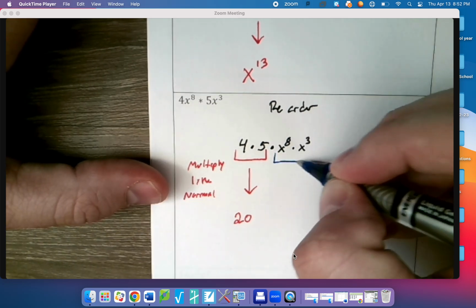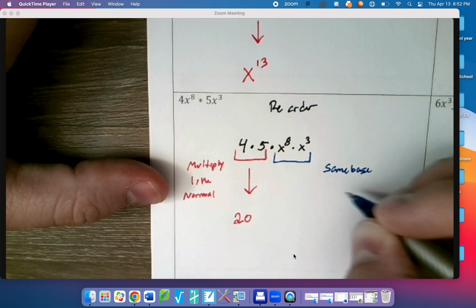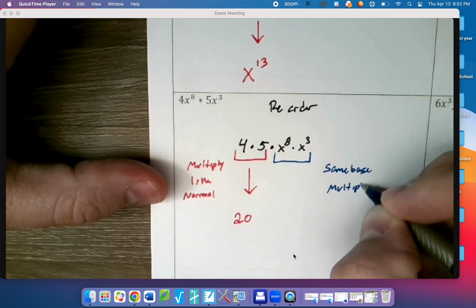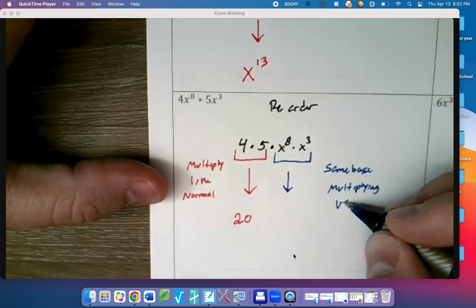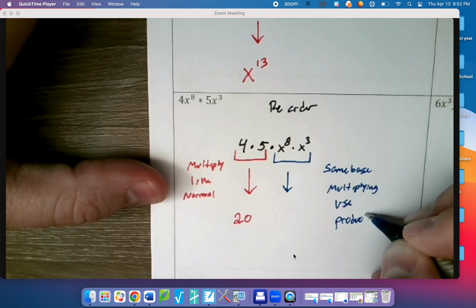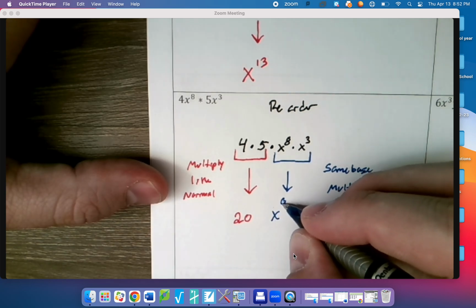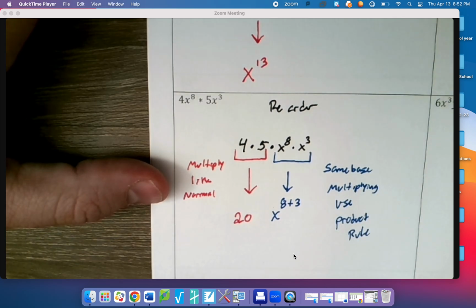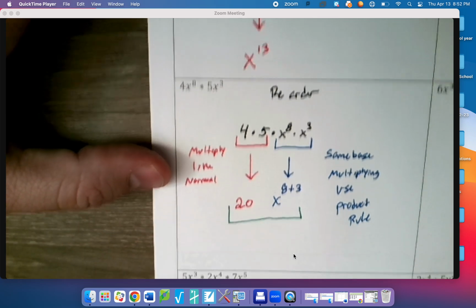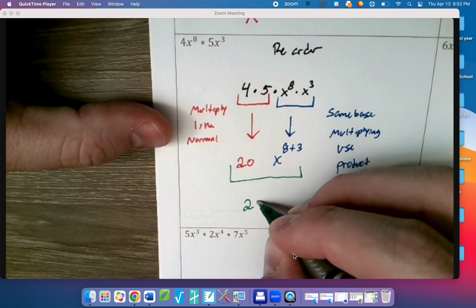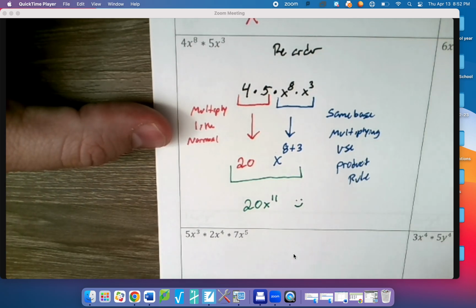Over here, we have the same base, and we're multiplying, so we use the product rule. X to the 8 plus 3. Take the whole answer, and we get 20x to the 11th. And we're done.